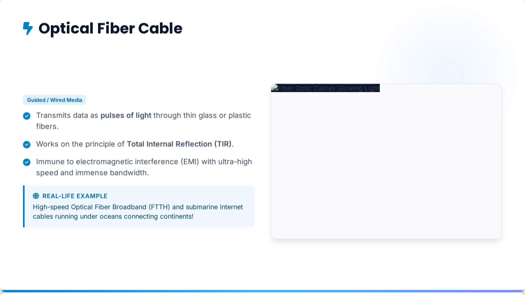Instead of an electrical signal through copper, it transmits data as light pulses through thin strands of glass, using the principle of total internal reflection. The key advantages are ultra high speed and zero electrical interference over longer distances. Okay, a real life example is high speed fiber broadband connections like Jio Fiber or Airtel.